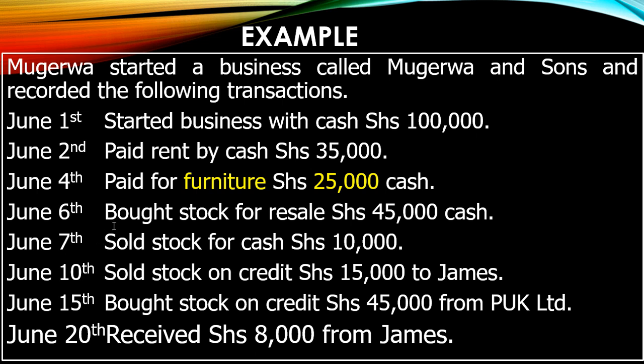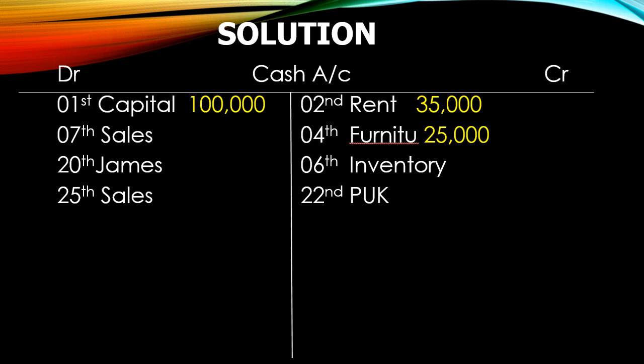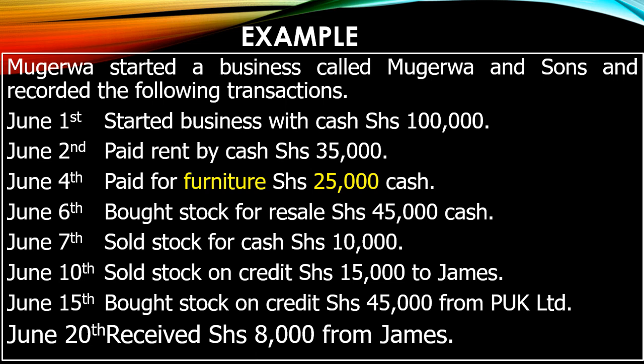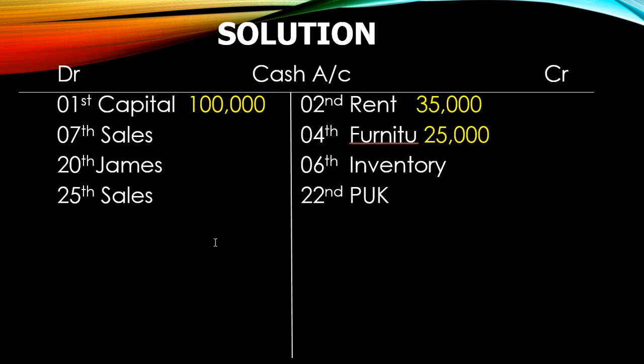Bought stock for sale at 45,000 cash. So this is inventory or stock. They bought inventory at 45,000 using cash. Cash must be reduced by inventory. Credit cash by 45.